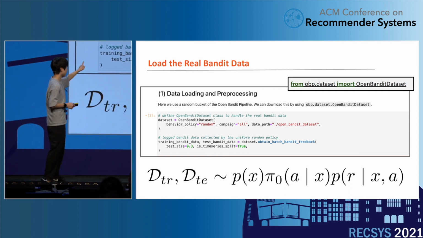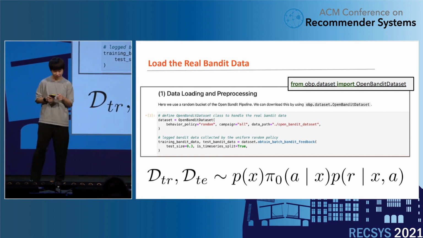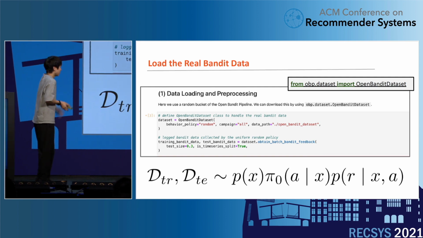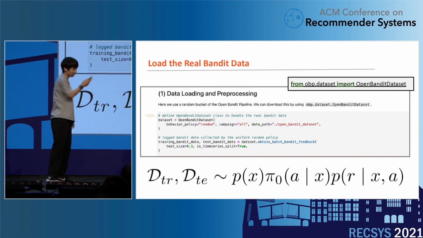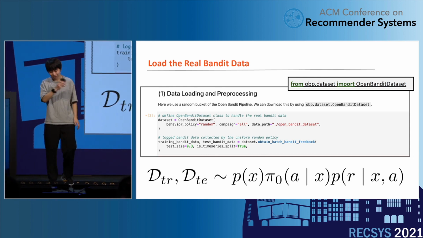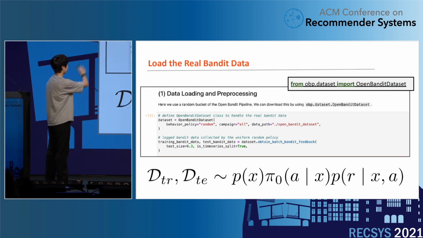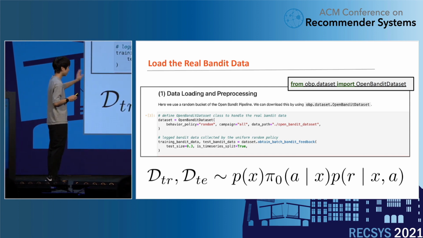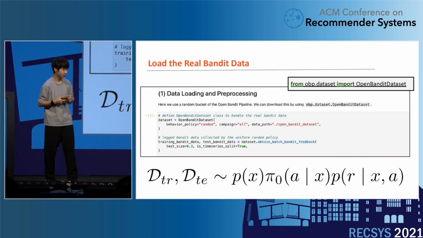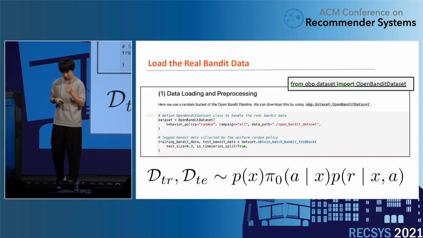So I'm just using the random bucket of the dataset. And right after that, what we have to do is just call the obtain batch bandit feedback function already implemented in the class. And then we have the train and test dataset from the logging policy, now the uniform random policy.